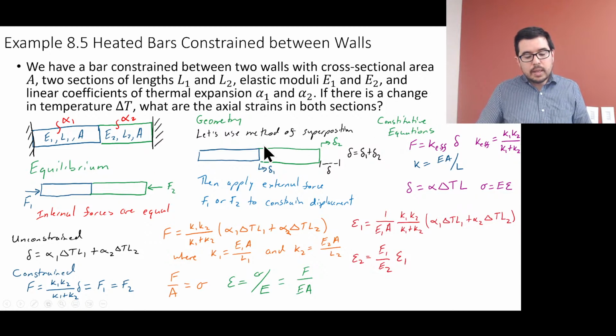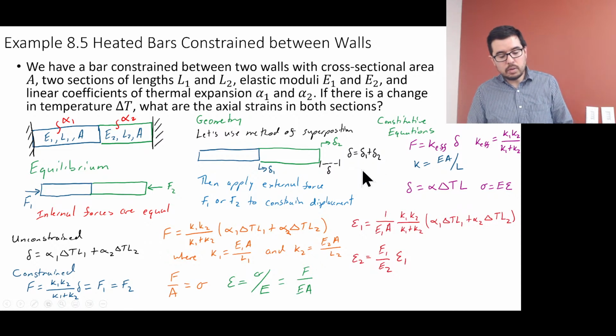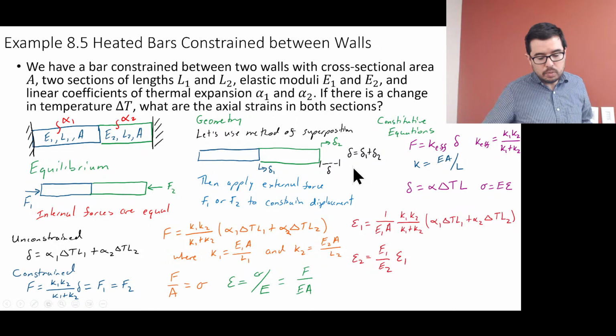Geometrically, we're going to have some delta 1 from this region, some delta 2 from this region, and when you add them together, you get your overall delta. So, the overall delta is going to be delta 1 plus delta 2.